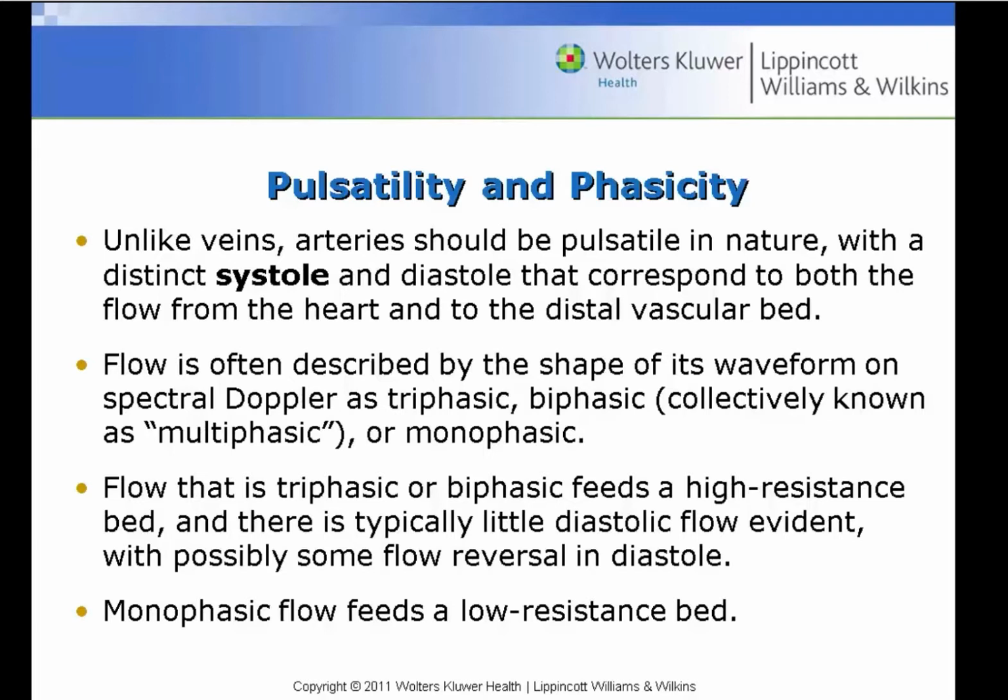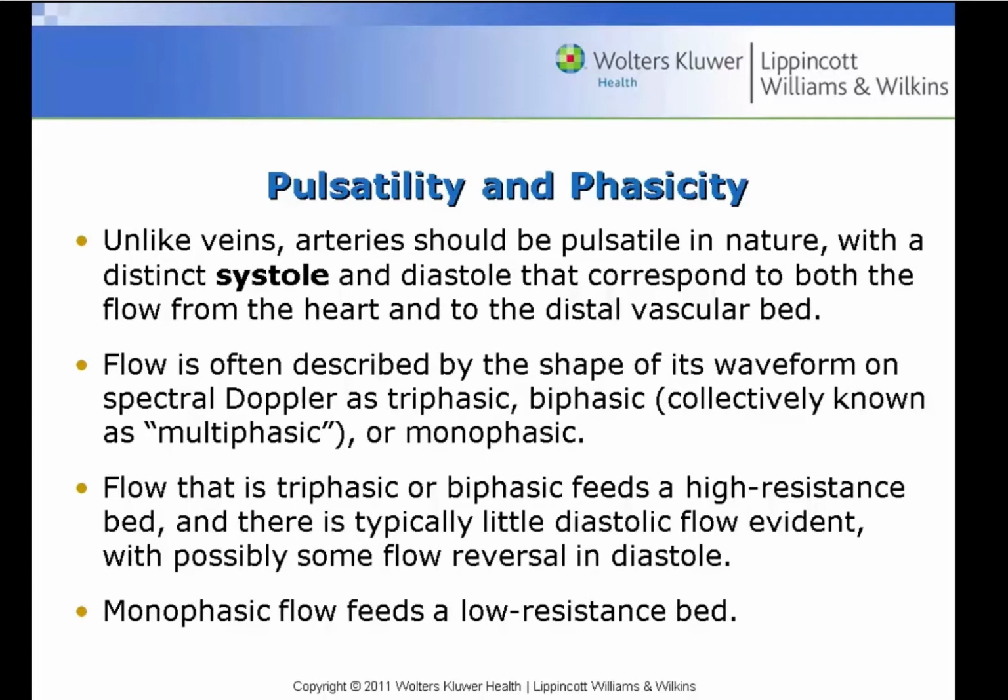Usually we'll talk about this as triphasic, biphasic, or just multiphasic. Triphasic and biphasic flow feed a high resistance bed, and there's typically little diastolic flow evident. Monophasic flow will feed a low resistance bed.